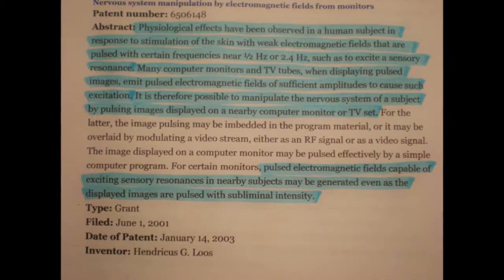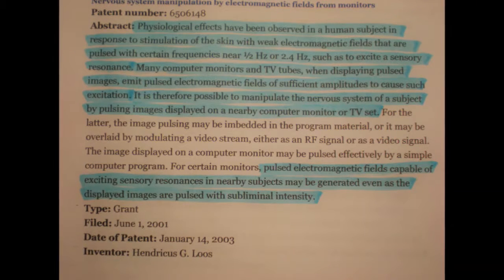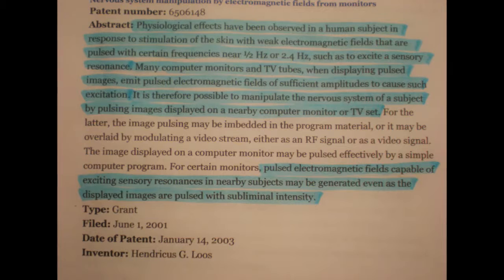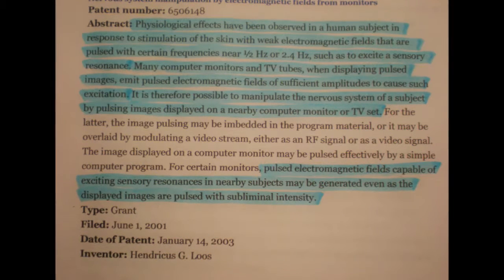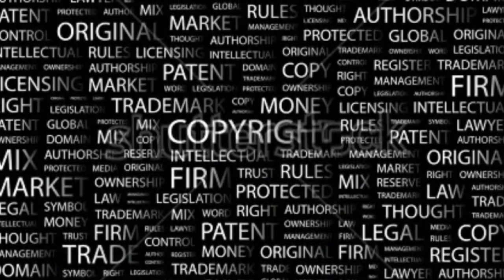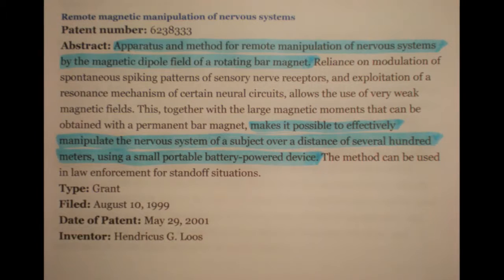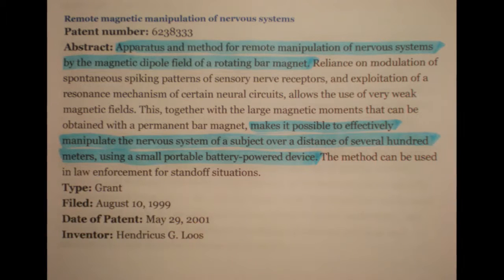Pulsed electromagnetic fields capable of exciting sensory resonances in nearby subjects may be generated even as the displayed images are pulsed with subliminal intensity. Remote magnetic manipulation of nervous systems.